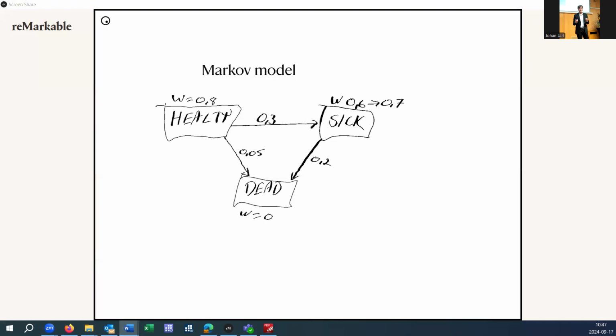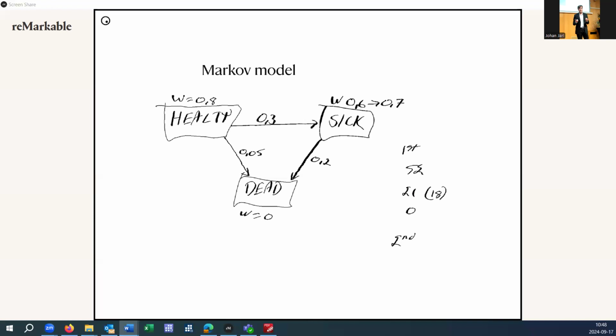The weight of being in healthy was 0.8 and the weight of being dead is 0. So if we redo the calculations using the same number of patients in the different states, since the drug doesn't affect disease progression, we get in the first cycle, for the healthy, we get 52 QoLs. For the sick, we get 21. It used to be 18 in the base case. And for dead, we get 0.